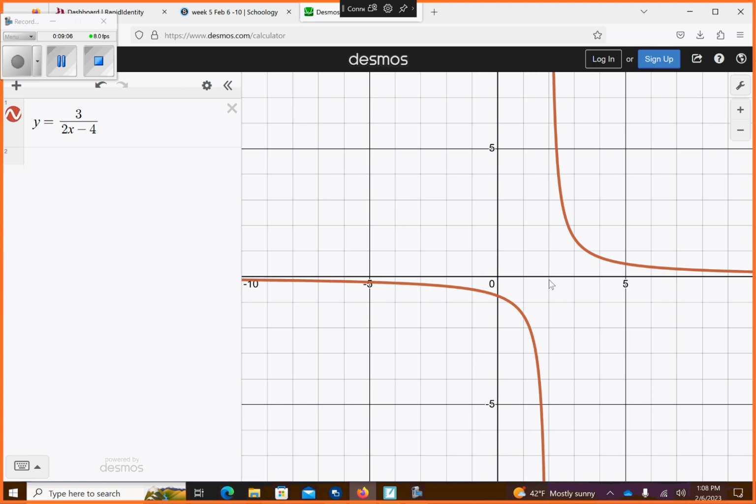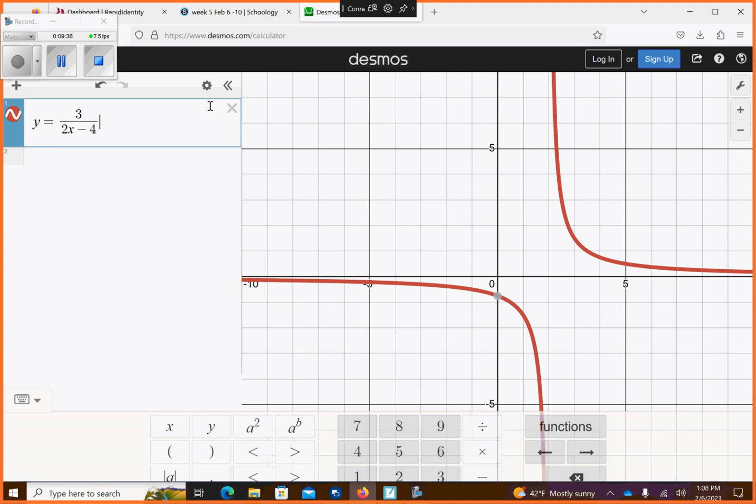So my domain of this is going to go from negative infinity to soft bracket 2, and then soft bracket 2, comma, infinity, soft bracket. So everything is a soft bracket, and the reason the 2 is a soft bracket is that it's actually a vertical asymptote. And neither of those first two had holes, so we're not worried about holes.